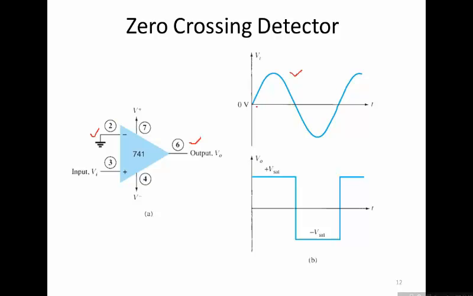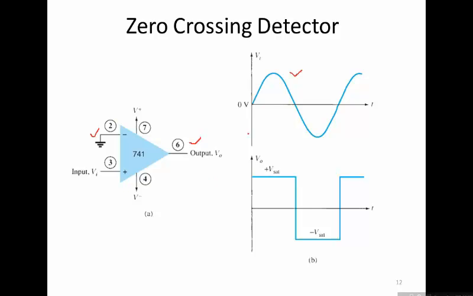Either it goes from negative to positive, or from positive to negative. The output would be changed from one logic level to the other logic level.